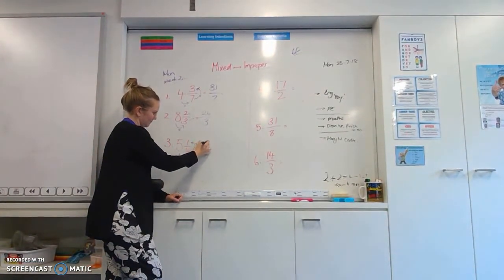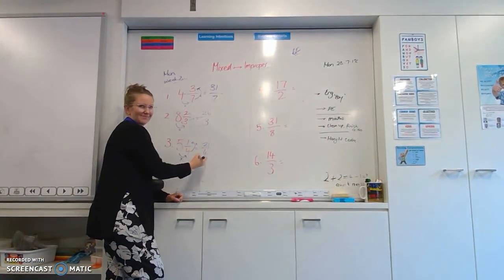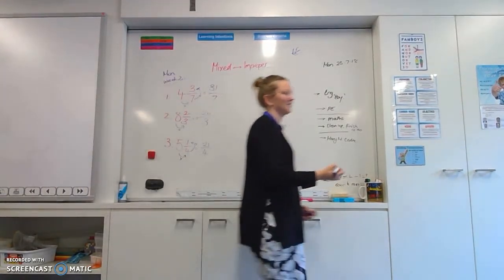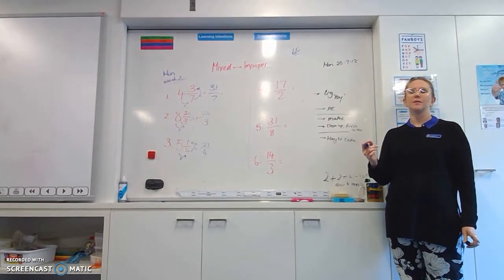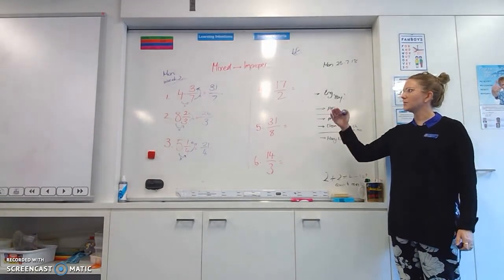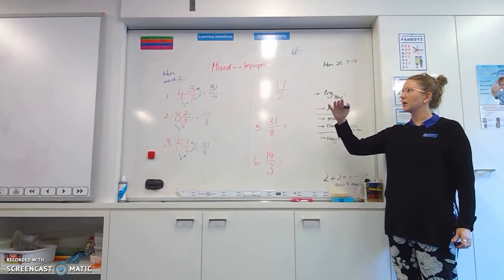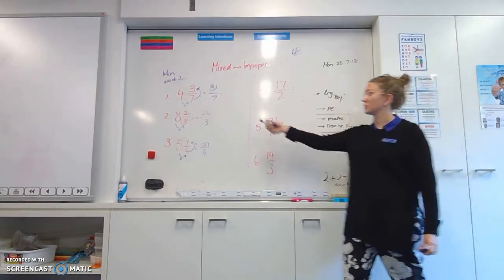Quick math. So we're timesing, then plussing, and then putting our answer over the original denominator to do these ones.